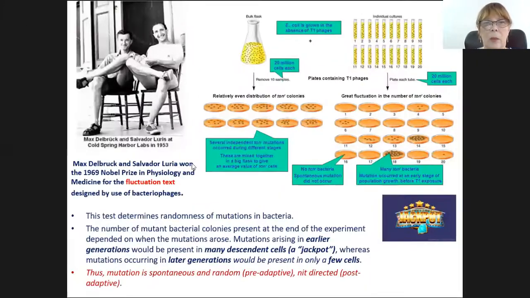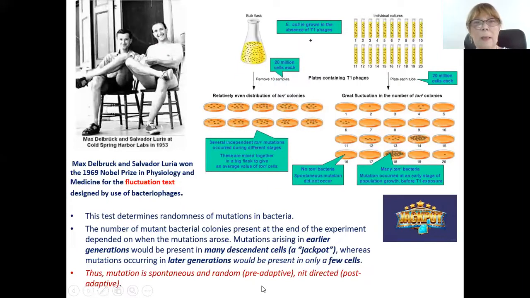Okay, and the next very important discovery was made by Max Delbruck and Salvador Luria. It is called the fluctuation test. The test determines the randomness of mutations of bacteria.